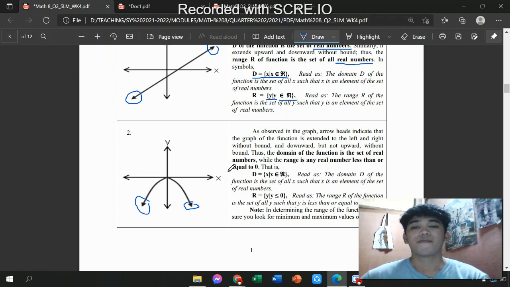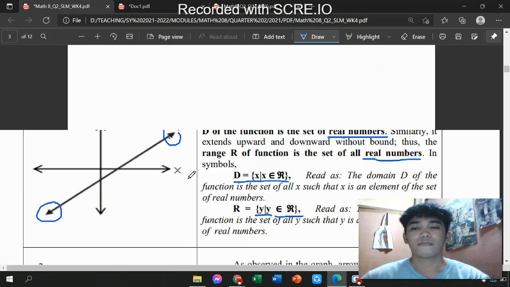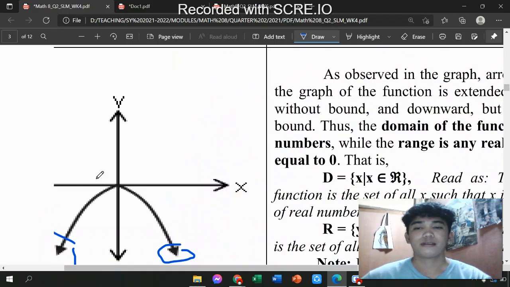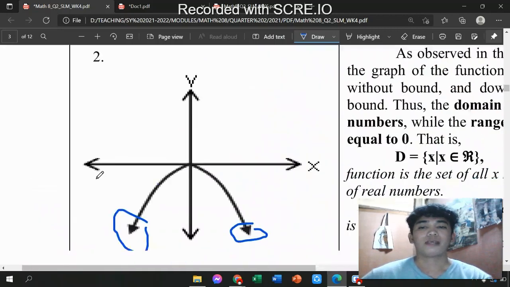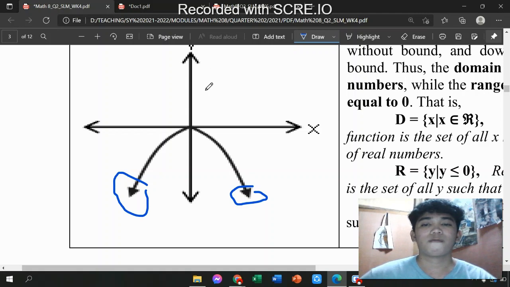Ngano man? Because ang atong graph, tanawa ang atong graph. Look at our graph. Diba, this is the origin, ania ang 0. Then mao ni nagsugod paubos. Diba, sa atong Cartesian plane, ang naa sa ibabaw sa y is positive, ani is positive, ani is negative.